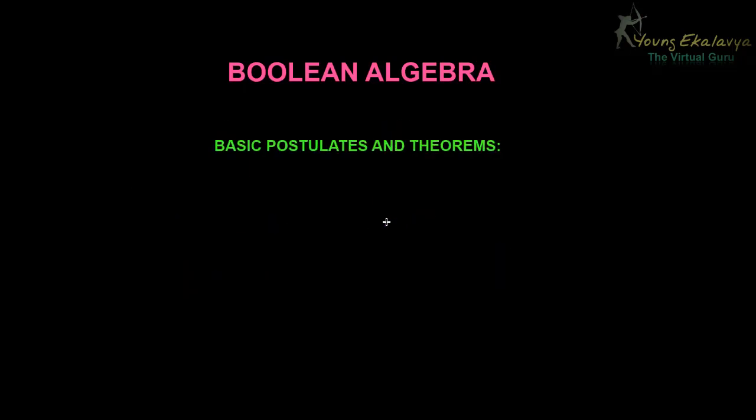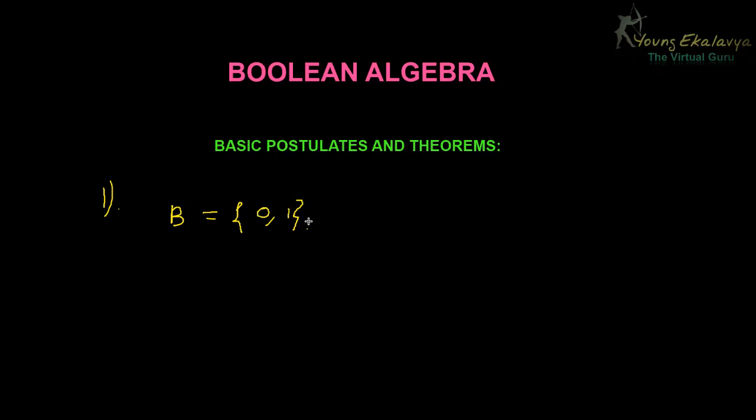Now we will see the basic postulates and theorems. So here we go. The first one: Boolean algebra is defined over a set of two elements, that is, B is equal to the set {0, 1}. So in Boolean algebra we use only two elements, 0 or 1.